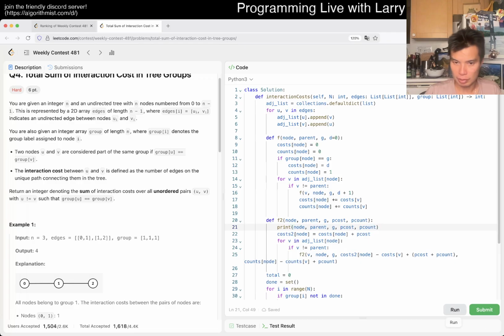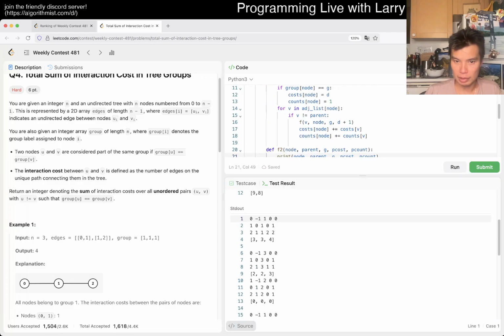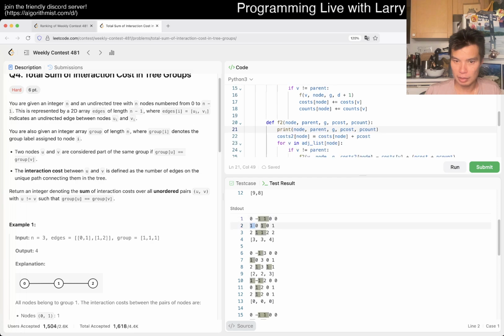Maybe we could see for ourselves. Okay. For 0 is fine. For 1, G is okay. G is fine. P cost is 0. Yeah, okay, because that's nothing else. P count is 1. That's true. Is it true? Yeah, because it counts the thing, right?